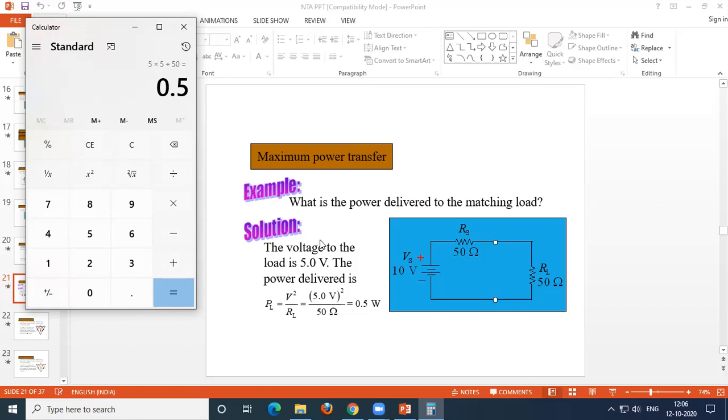That is the power dissipated through that load. So if the two resistances are the same value, then the power delivered is maximum. If the value of that resistance is 100 ohm, then what happens?